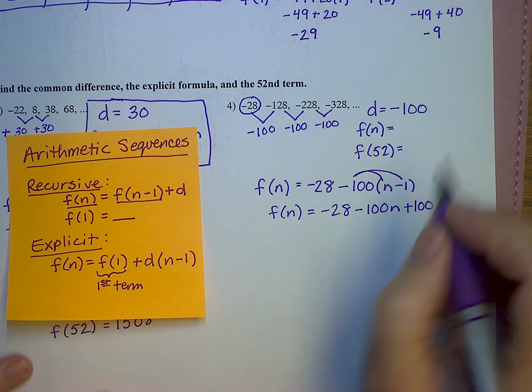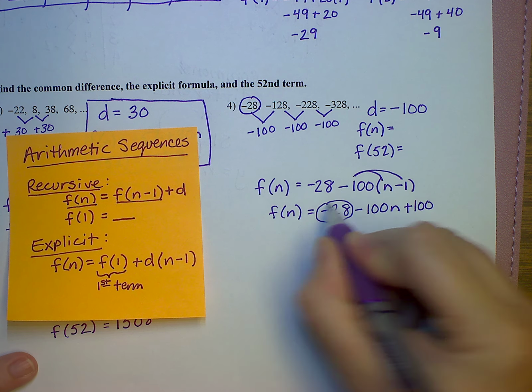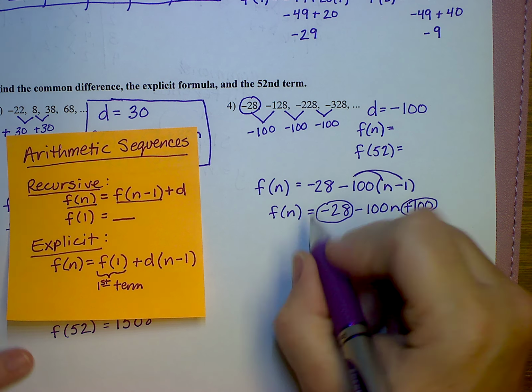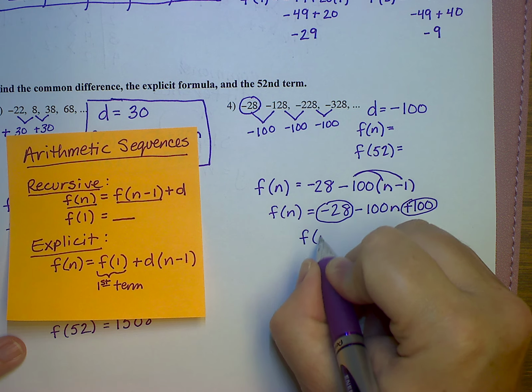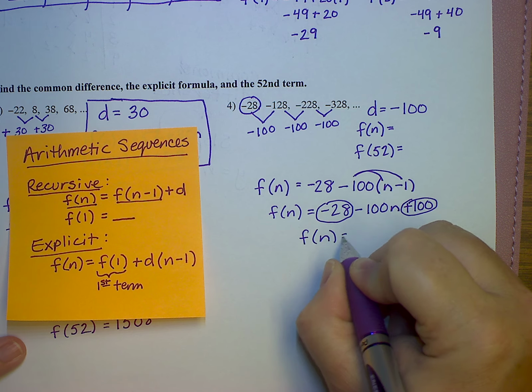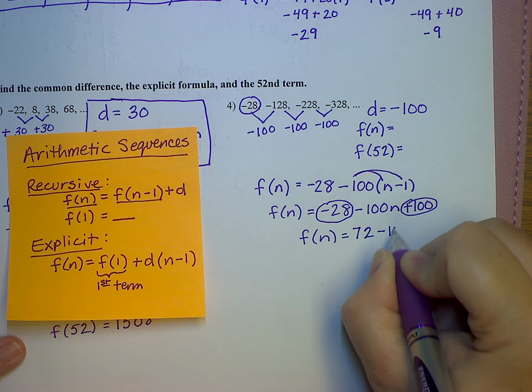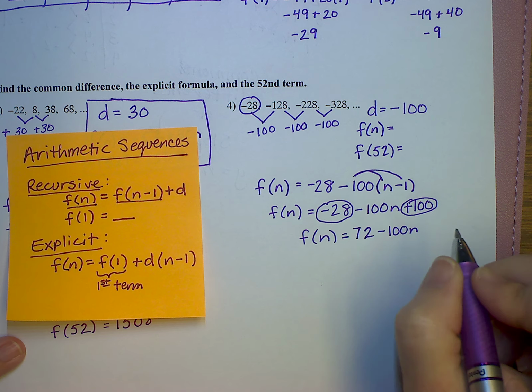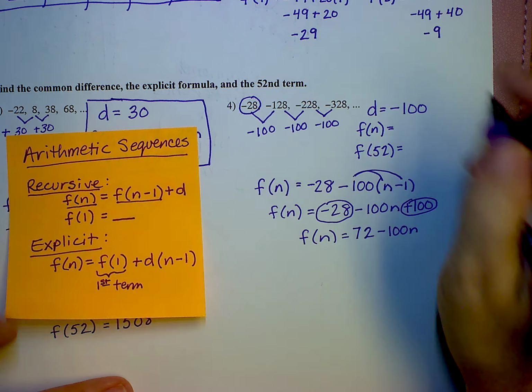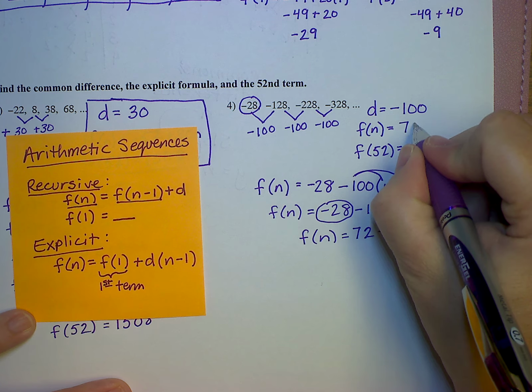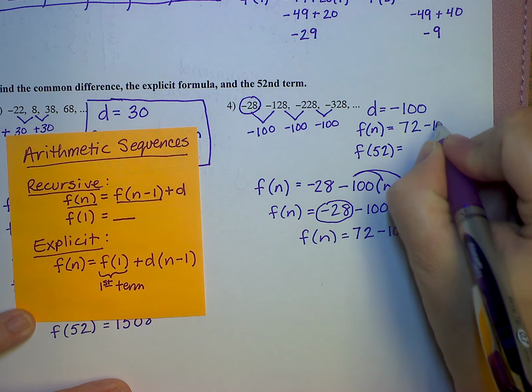Yes? And I said you're always going to have one set of like terms right there. So go ahead and add those. Negative 28 plus 100 happens to equal 72. And then you have your minus 100n. Okay? So my formula is 72 minus 100n.